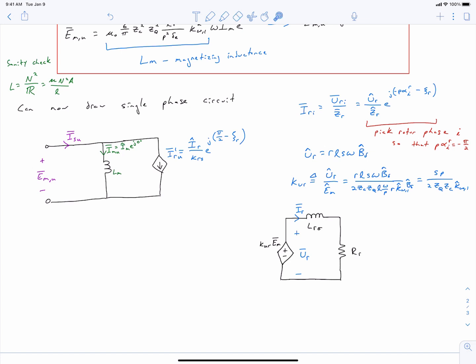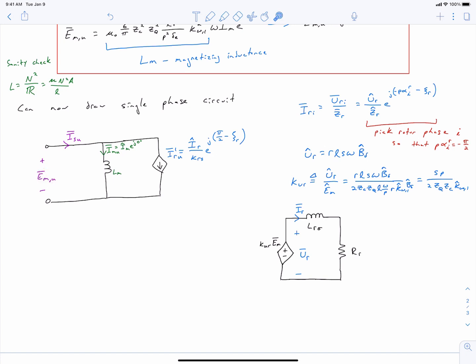The only missing piece is how we can relate our rotor voltage magnitude to our EMF. So we're going to define yet another turns ratio: we know our rotor voltage magnitude can be calculated like this, so we divide that by the magnitude of our EMF and figure out a mapping so that we can express this voltage source as simply a dependent voltage source times a turns ratio.